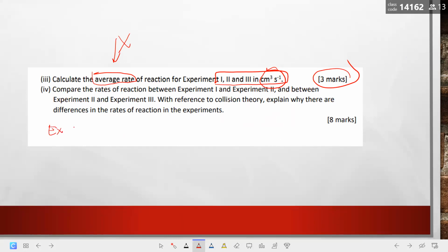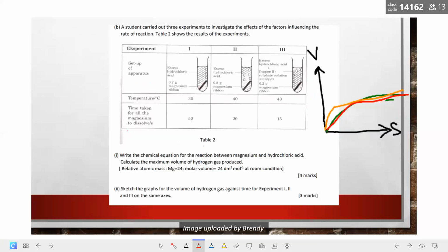For experiment 1, what was the volume just now? 30. No. Yes, it's 199.2. Okay. Remember we calculated just now, we got 199.2. What is the time taken for experiment 1? 50 seconds.